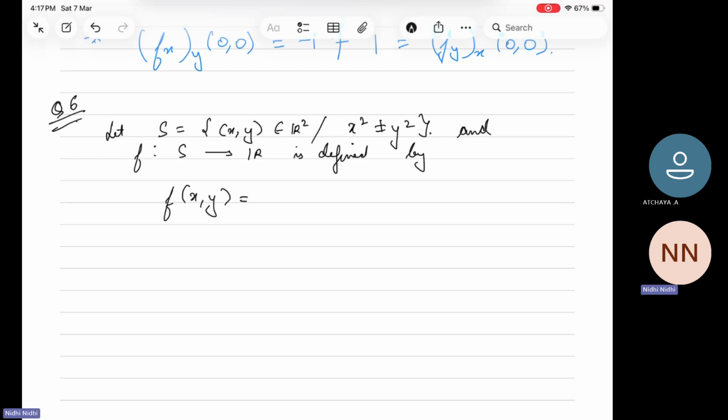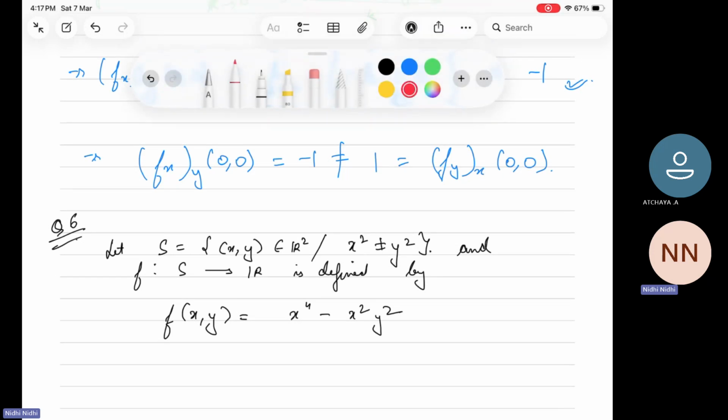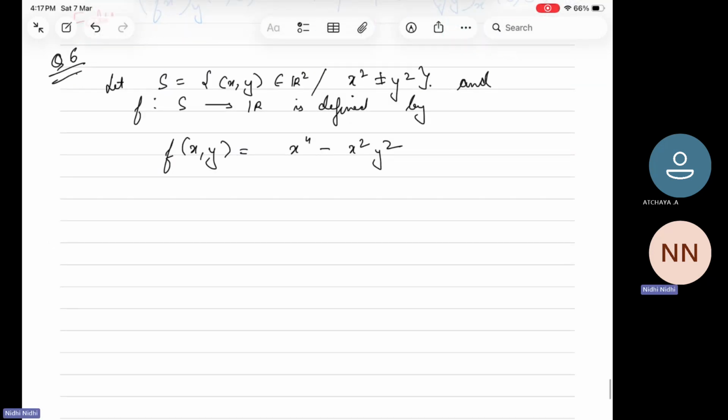Fxy equals x to the power 4 minus x square y square plus y square upon x square minus y square. And this is happening for every x, y in S.